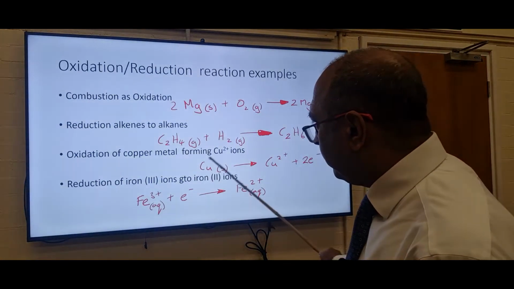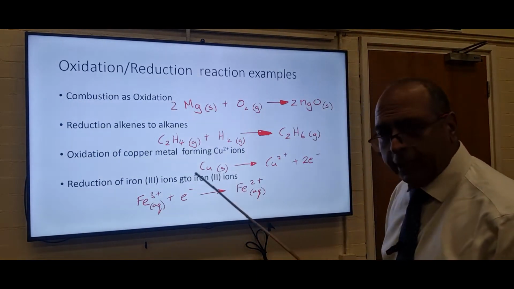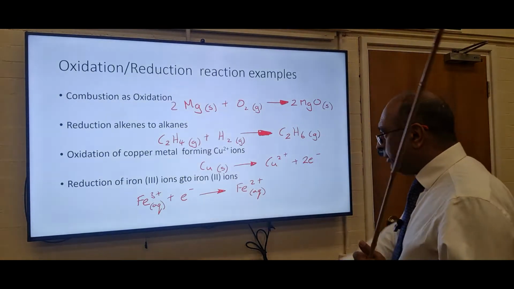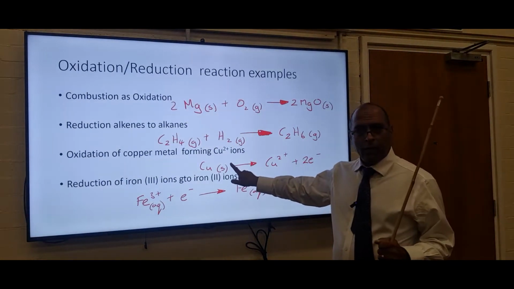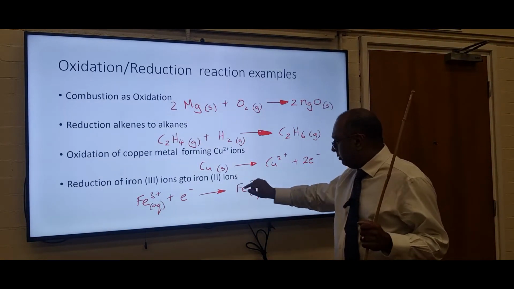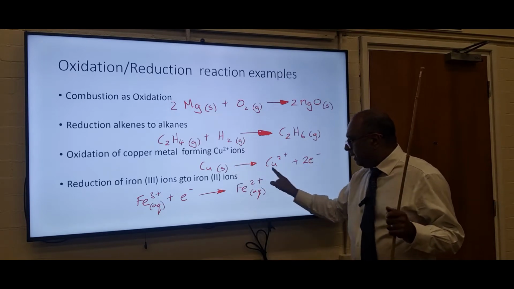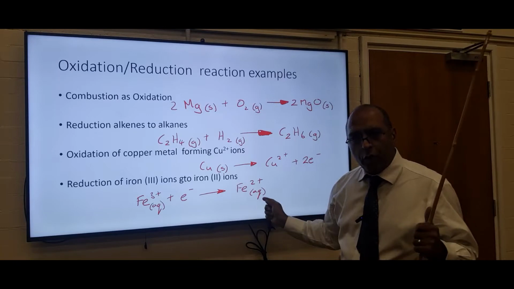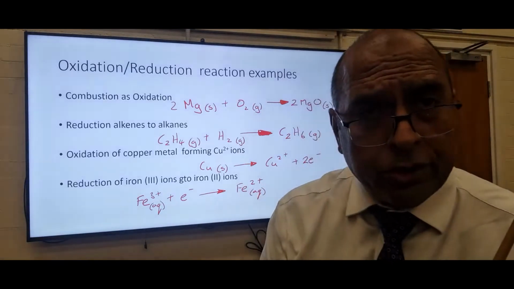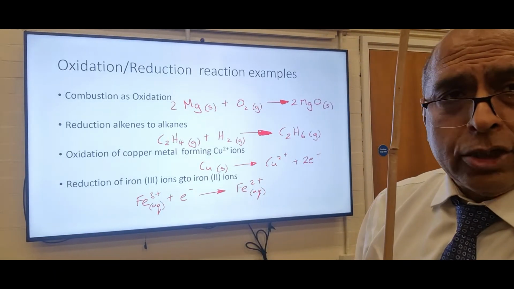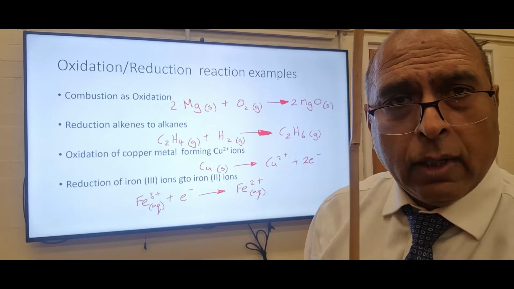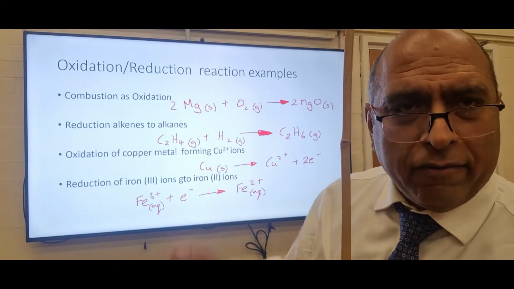Next one, oxidation of copper metal making copper ions. Can you see? If you start with copper metal and the copper metal gives off 2 electrons making copper ions, that's going to be oxidation because the copper has lost electrons. That is a classic half equation.